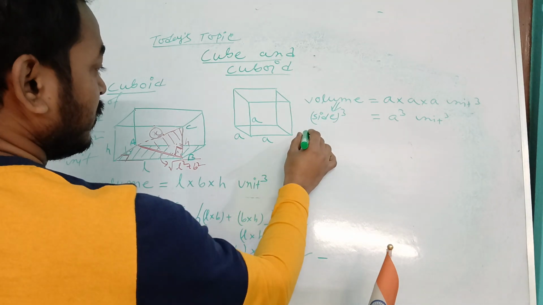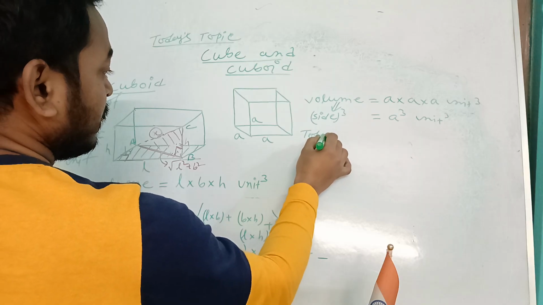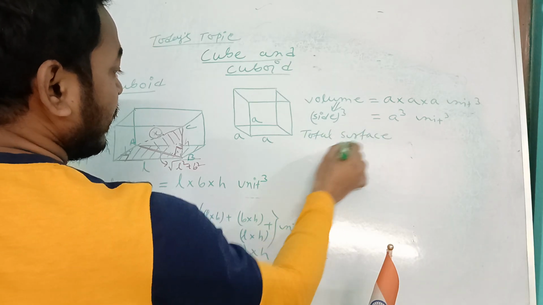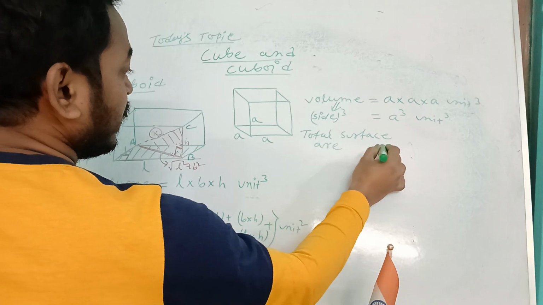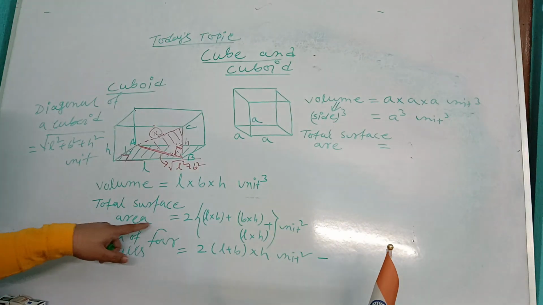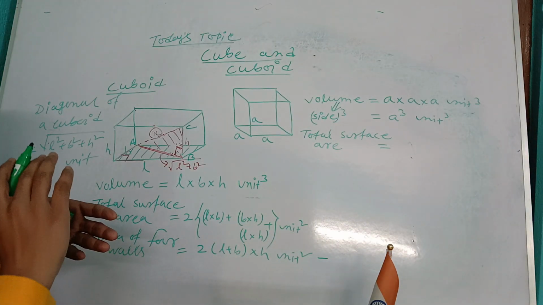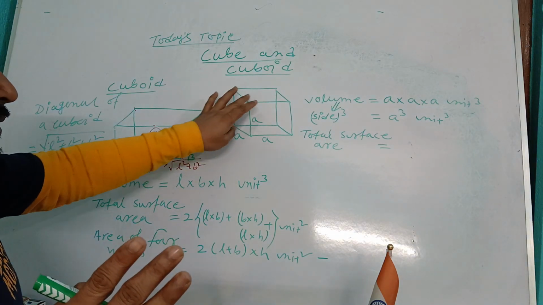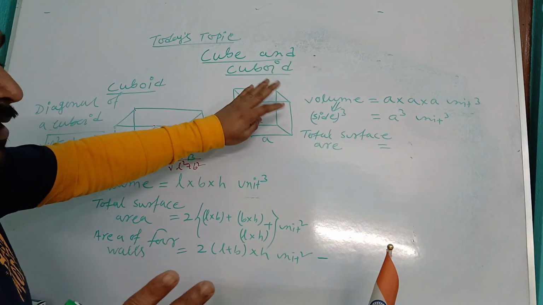Next, total surface area. What is total surface area? Total six faces are there.